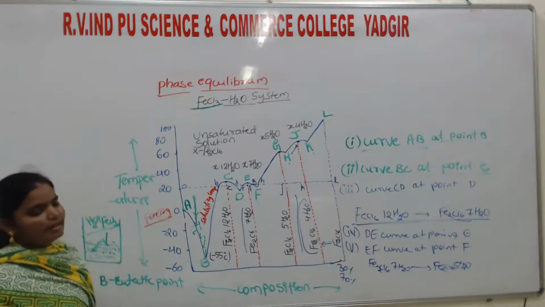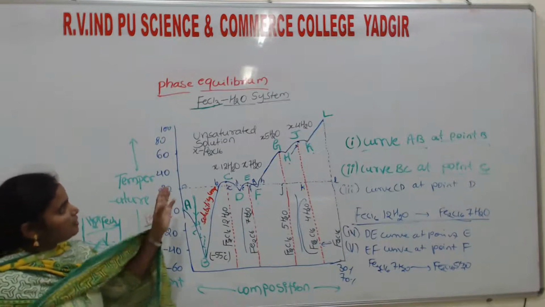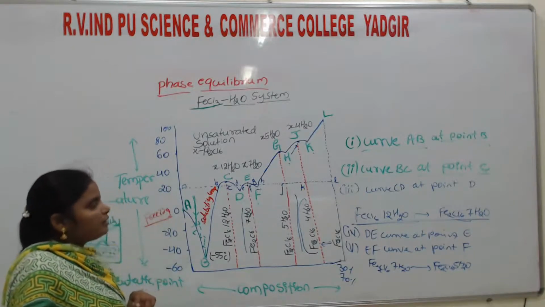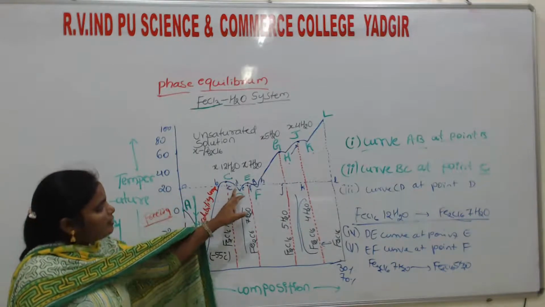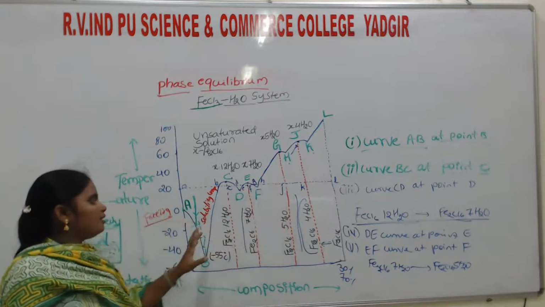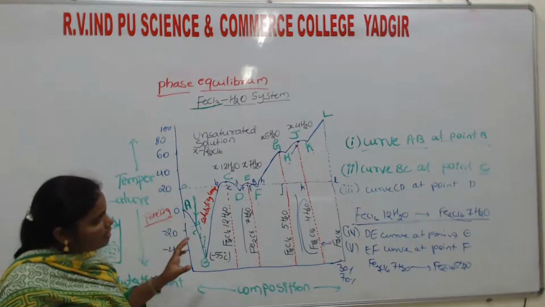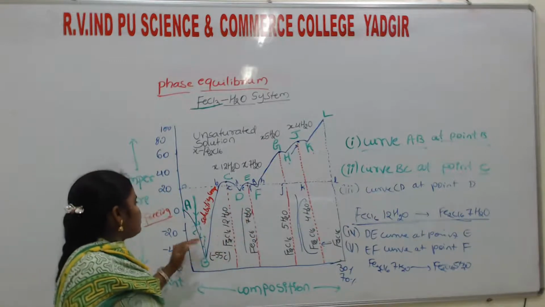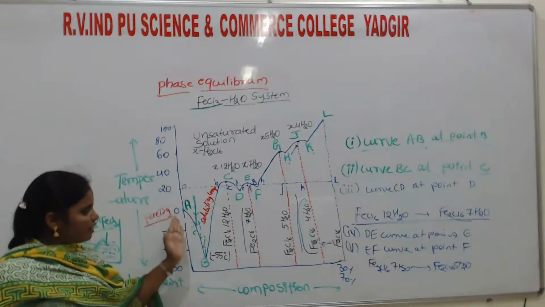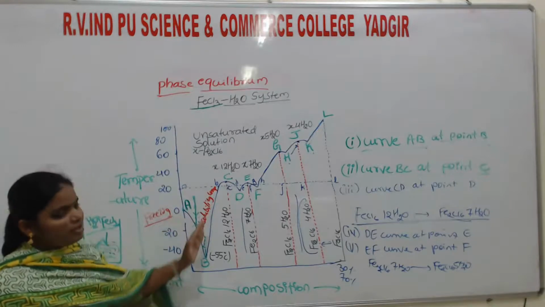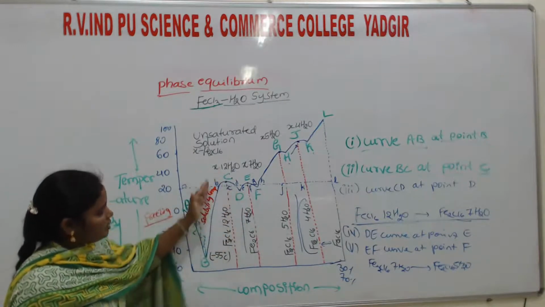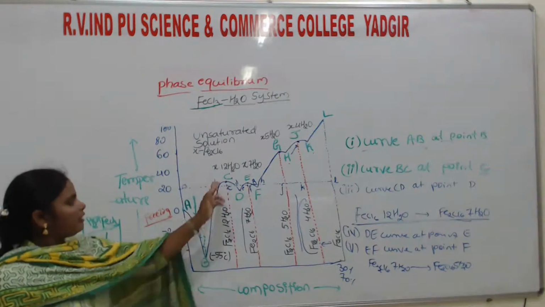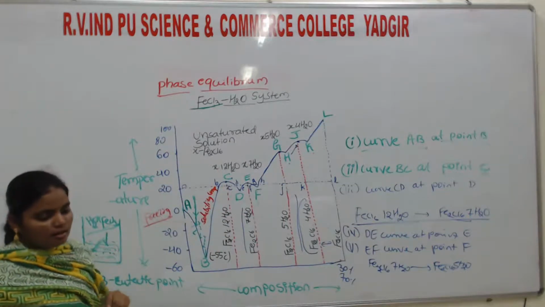This is the explanation of this ferric chloride and water system. You see these dotted lines here: these are the freezing curves, these are the melting curves, and this is the solubility curve.